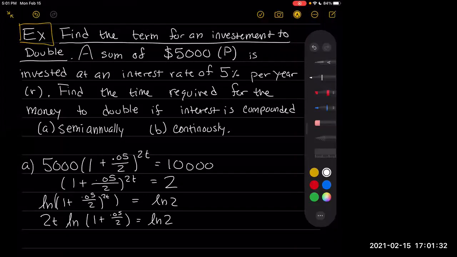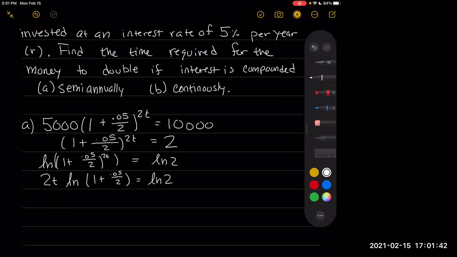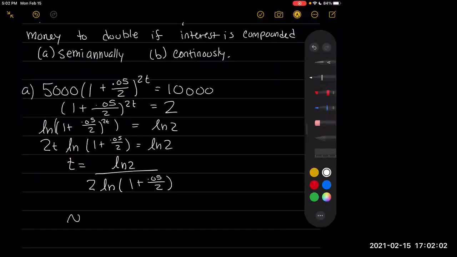And now we can divide both sides by 2 times the natural log of all of this jazz on the left. So then we get t equals the natural log of 2 over 2 times the natural log of 1 plus 0.05 over 2. And now using a calculator, this is approximately 14.04 years.